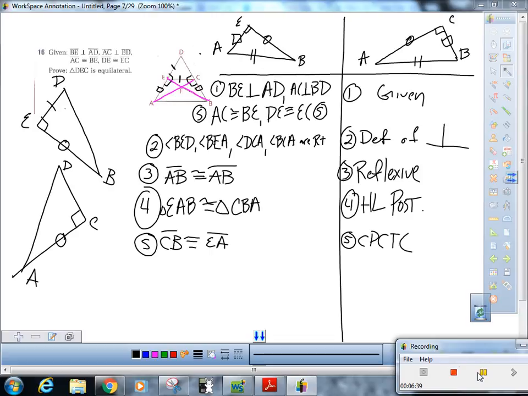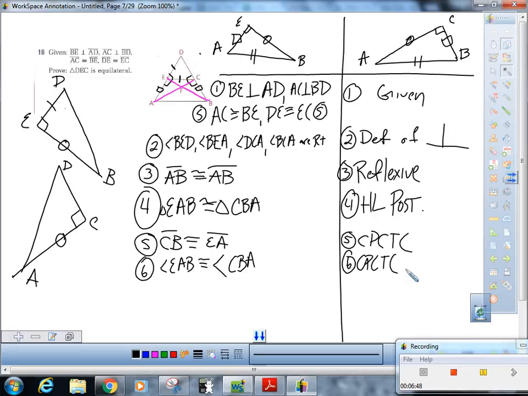Okay, so now that I've got that, I am also going to pull another thing out with CPCTC. I probably could have included that, but notice that the big angle EAB is congruent to angle CBA, and that's also CPCTC. So this angle is congruent to this angle.